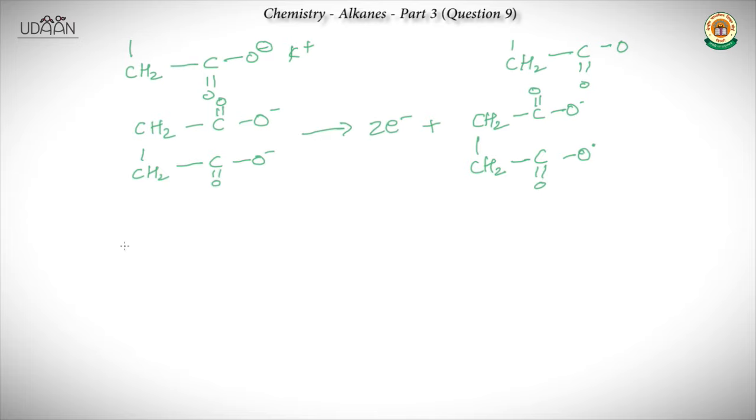So now here, since CO2 is more stable, this bond will undergo homolytic cleavage and you will get CO2 and a biradical as shown.